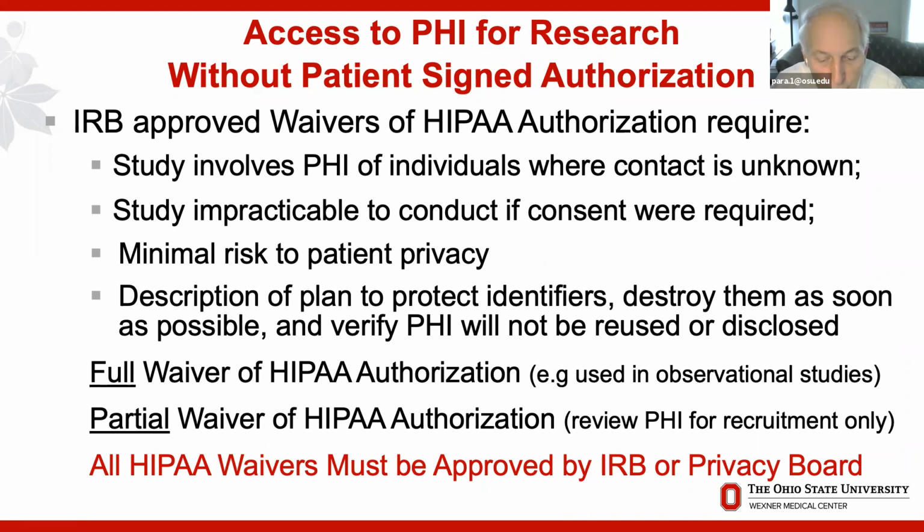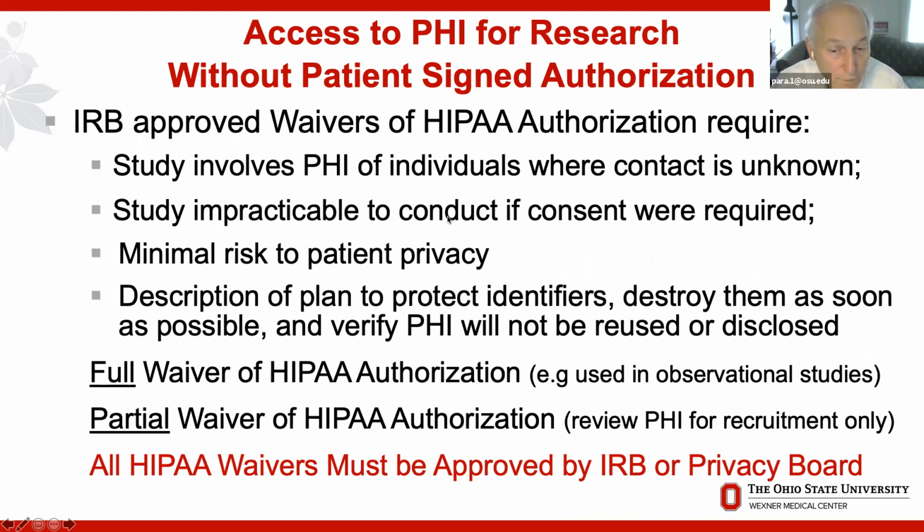That what you're doing is looking at records and there's really minimal risk to the patient privacy. And then you have to describe the plan to protect identifiers. That is, you're going to keep them in an encrypted file or in a locked file in a locked room if it was paper. And then you have to explain how the PHI will not be used or reused.